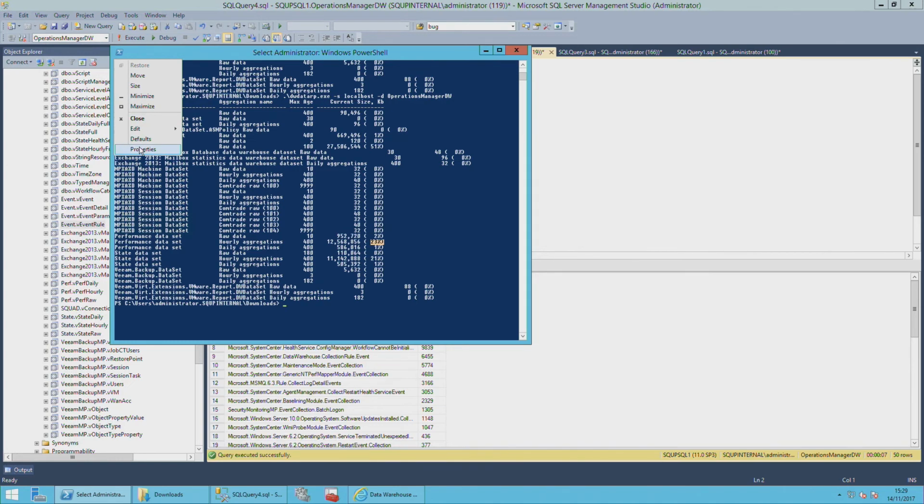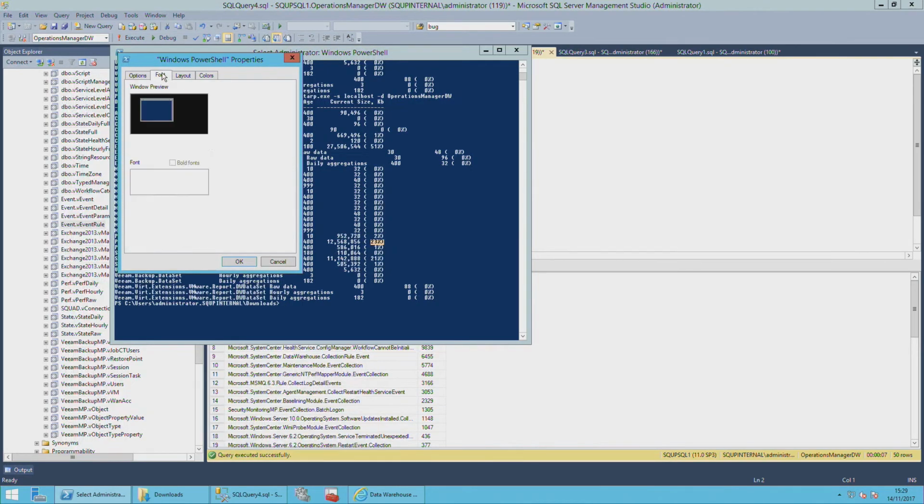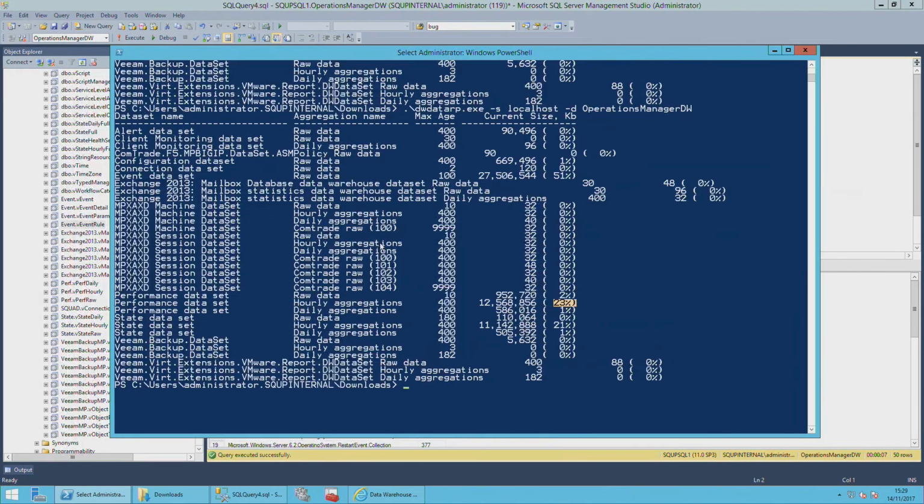Let me just see if I can make this a little bit larger here. There you go. Okay, it's still a bit unreadable, but the point here is the hourly data is taking up 23%, nearly a quarter of all of our data warehouse storage, as opposed to, say, the raw data, which is taking up barely anything, 2%, right? And the daily data is only about 1%.